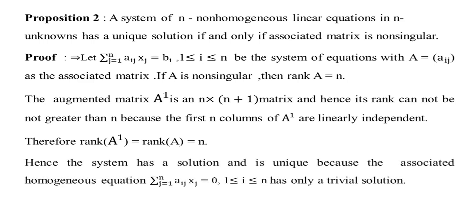Hence, the system has a solution and is unique because the associated homogeneous equation sigma j equal to 1 to n aij xj equal to 0, 1 less than or equal to i less than or equal to n has only a trivial solution. That is, a solution c1 equal to 0, c2 equal to 0, etc., cn equal to 0.